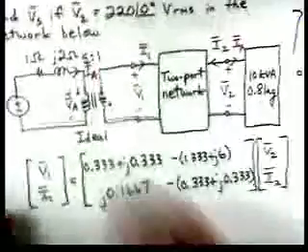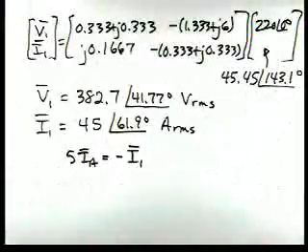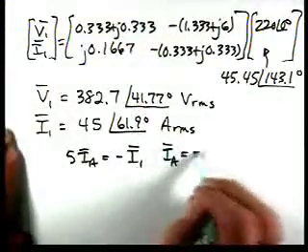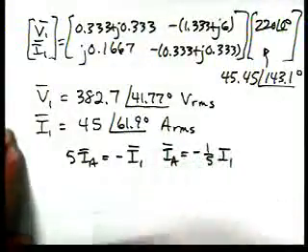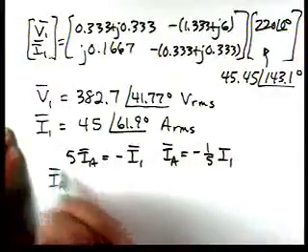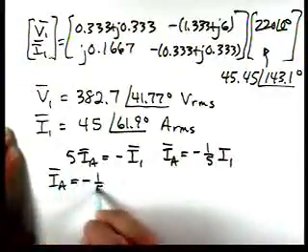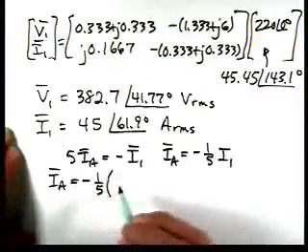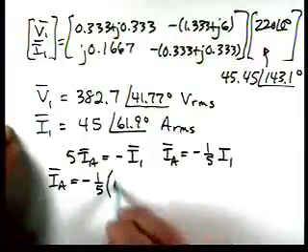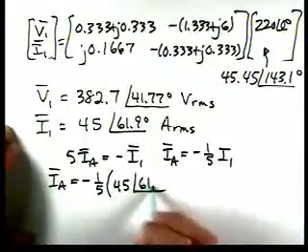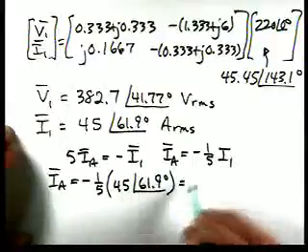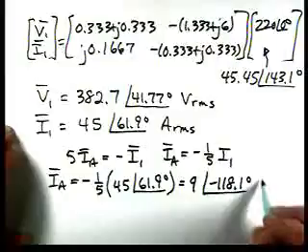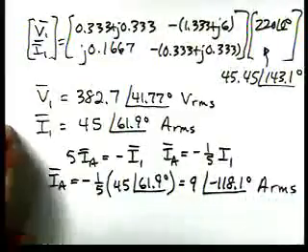So IA is minus 1/5 I1, which is minus 1/5 times 45 at an angle of 61.9 degrees, and that's 9 at an angle of minus 118.1 degrees amps RMS.